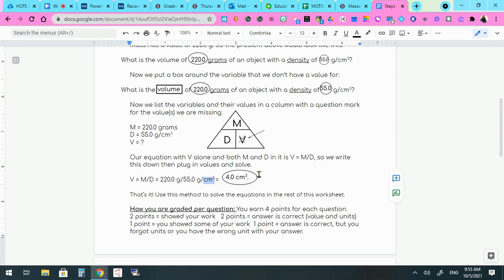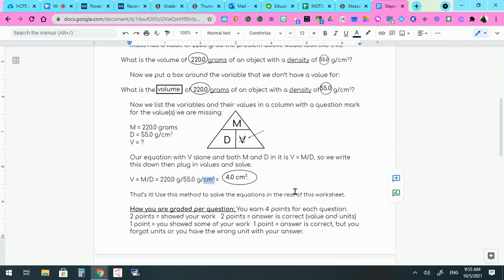Okay. So that really helps you keep your units straight as well. If you write out your units in the problem, it will show you very easily by looking here. You can visually see that the grams cancel out and you're left with cubic centimeters. And that's what you'll carry through to your answer. So once you get your answer, circle it, and that's it.